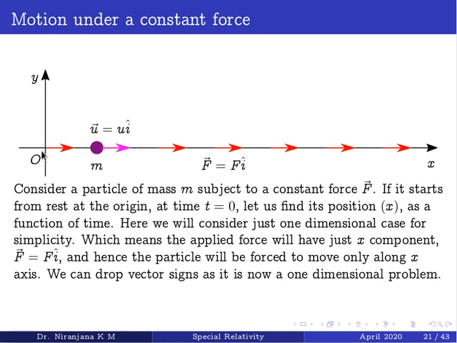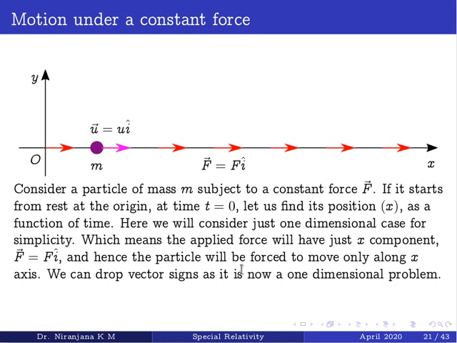Then under this constant force the particle accelerates along the x-axis, and our aim is to find out what the position of this particle will be over time, meaning for a given time what will be the position of this particle.